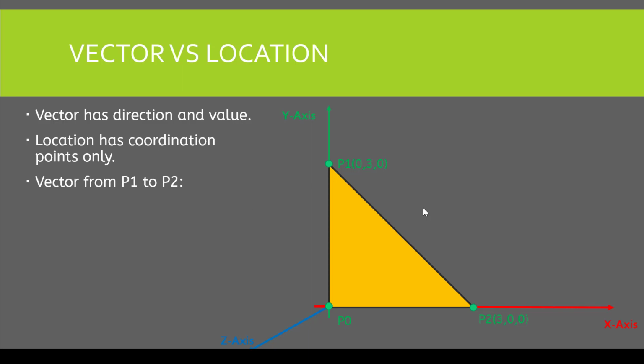So we take B2x minus B1x, B2y minus B1y, and B2z minus B1z. So it will become 3 minus 0, 3, 0 minus 3, minus 3, 0 minus 0, 0. So the vector from B1 to B2 is 3, minus 3, 0.